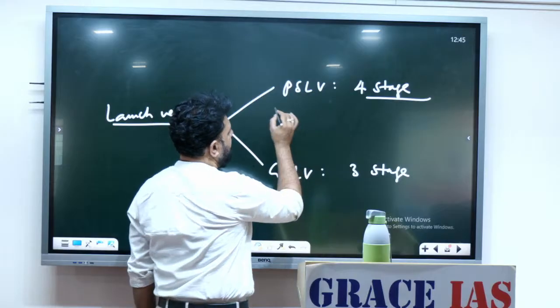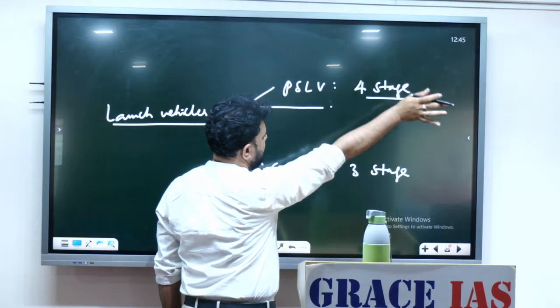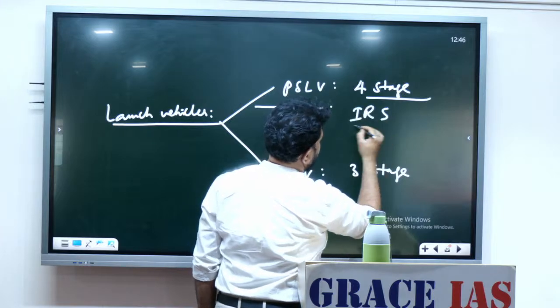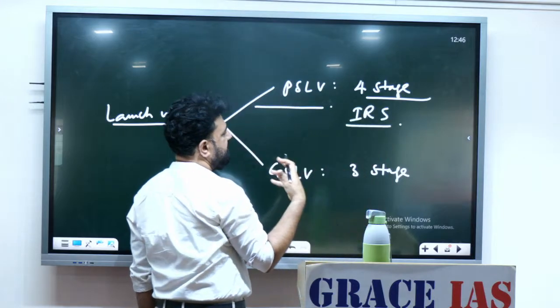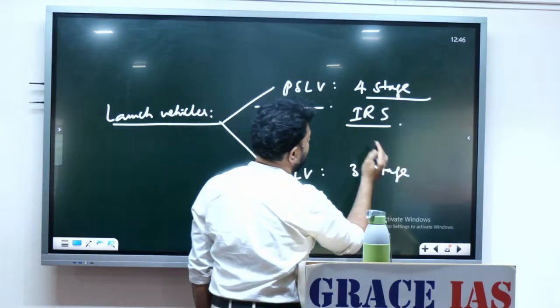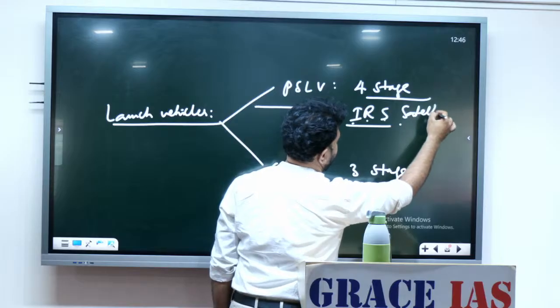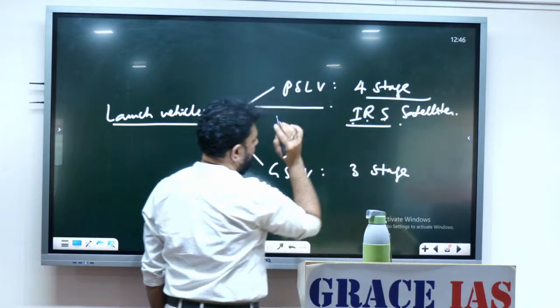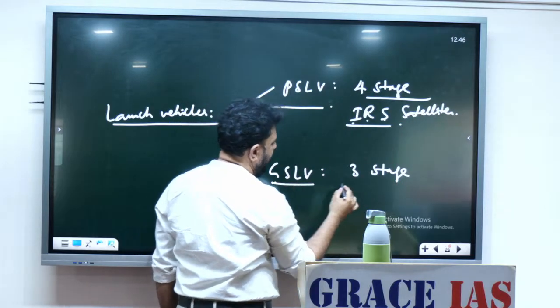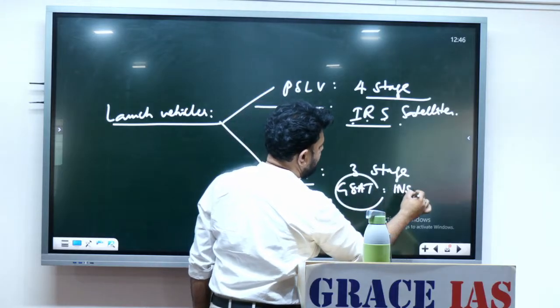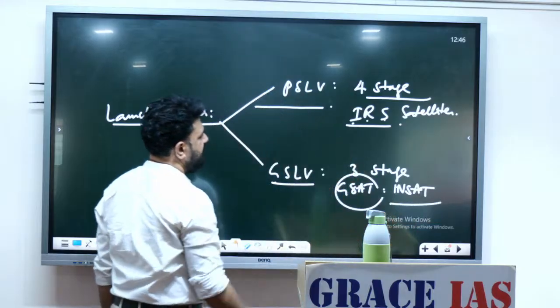PSLV usually is used for launching many satellites, especially the Indian Remote Sensing, that is IRS, satellites. Whereas GSLV is used for the GSAT series of satellites, that is the INSAT series of satellites.